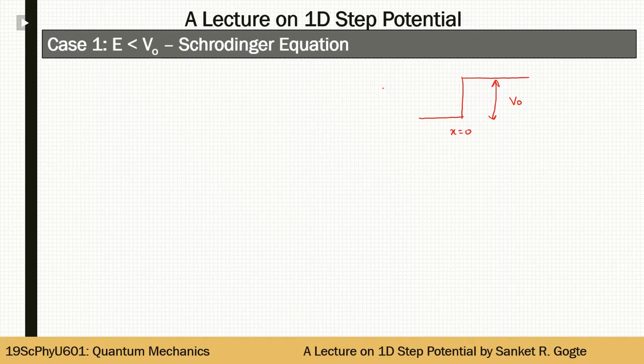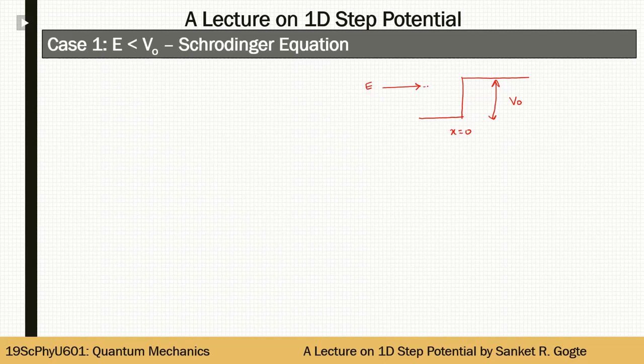For both these cases, we will consider that the particle is incident from the left and traveling towards the right, and then it encounters this boundary at x is equal to 0. So the total energy of the particle in region 1 is the same as its kinetic energy, because potential energy is 0, and it is such that E is less than V0 for this case.